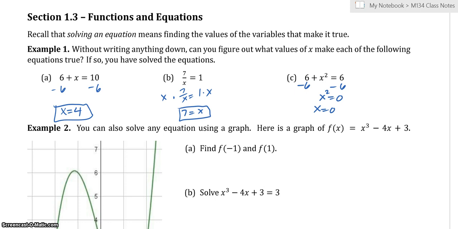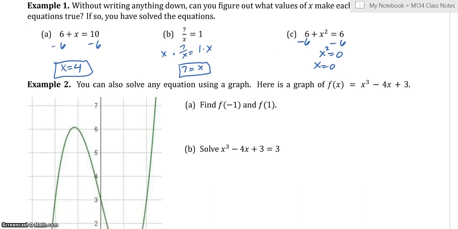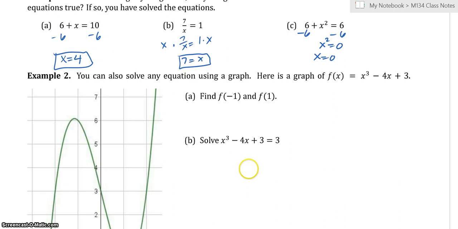The only thing that you multiply by itself to get 0 would be 0. You can also solve any equation using a graph. So even when we don't know how to solve something, like we haven't solved anything with x cubed, we could solve the equation using a graph, which is what they're going to do in part B.